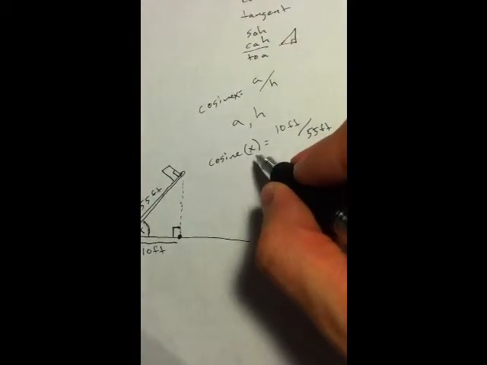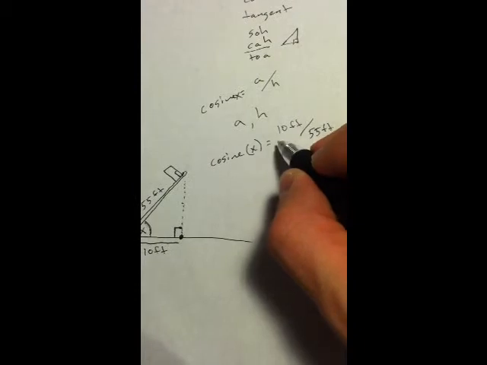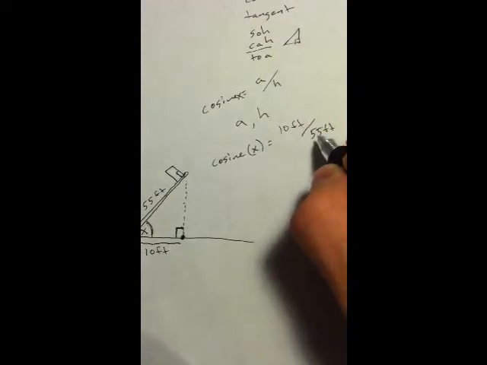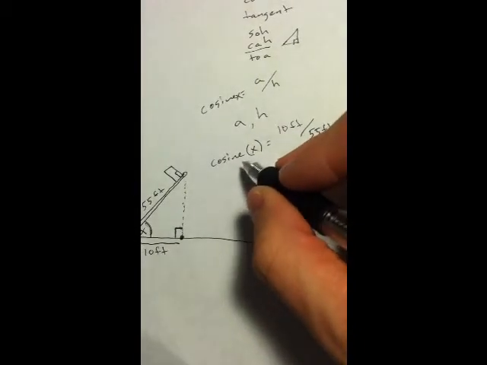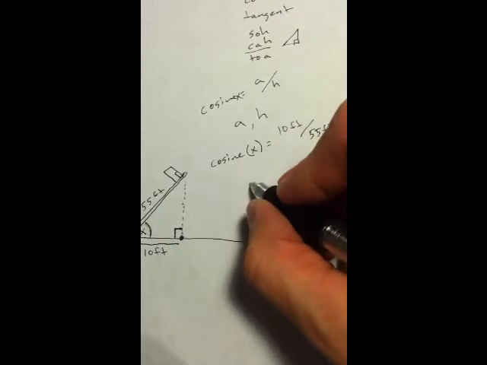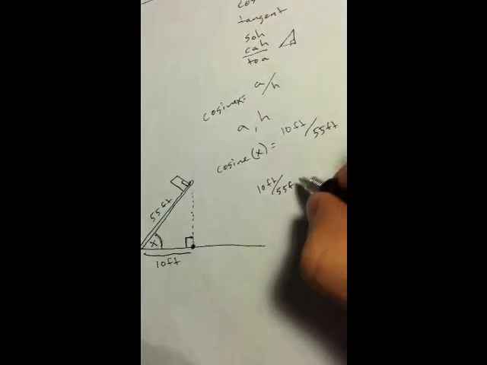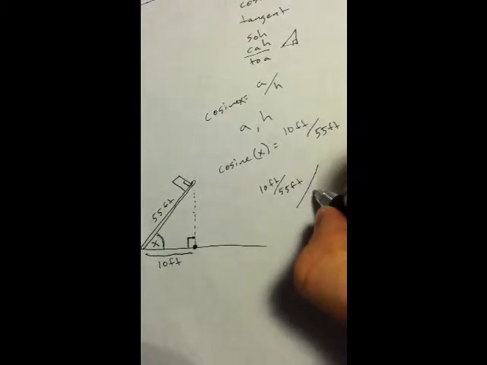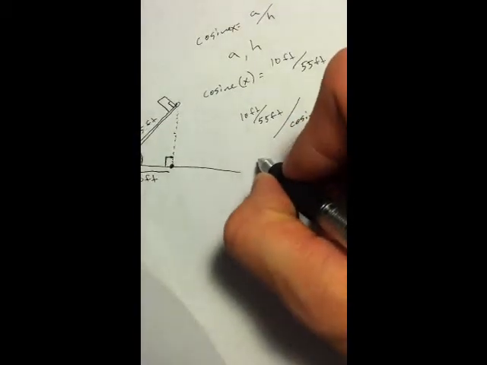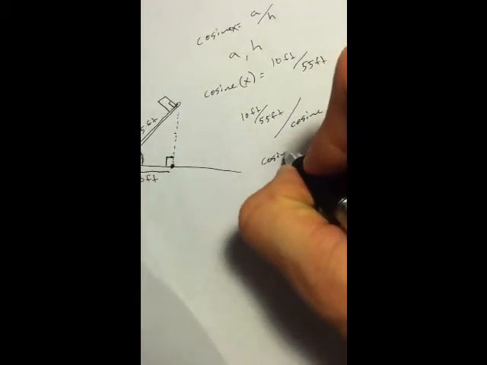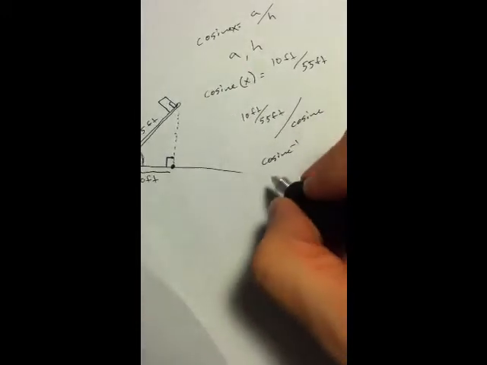So now we are trying to find X here, so we can't just go cosine of 10 feet, cosine of 55 feet. We have to divide both sides by cosine, so we've got 10 feet over 55 feet, and that is going to be divided by cosine. Another way of writing divided by cosine, which we went through, is cosine inverse.